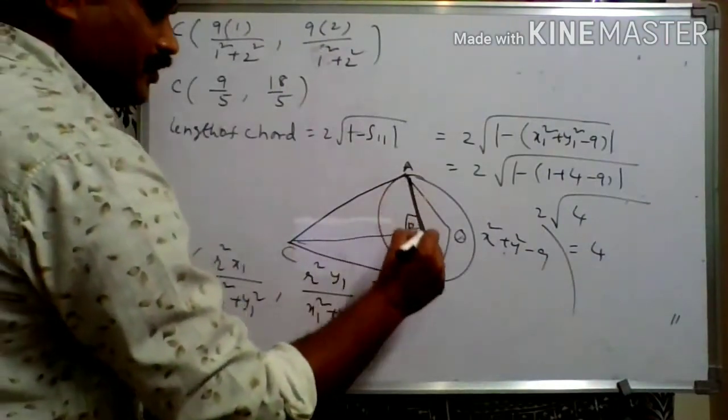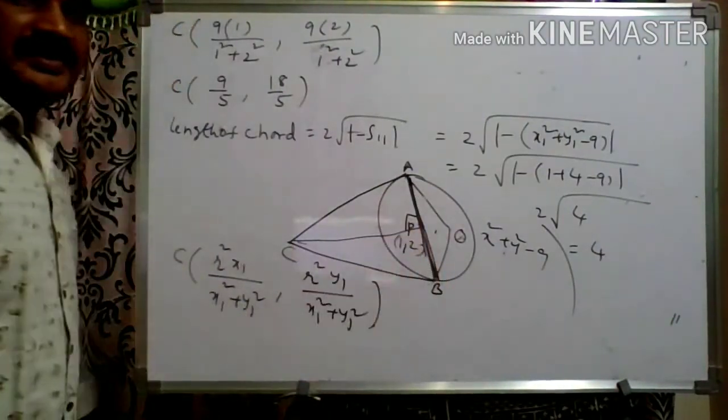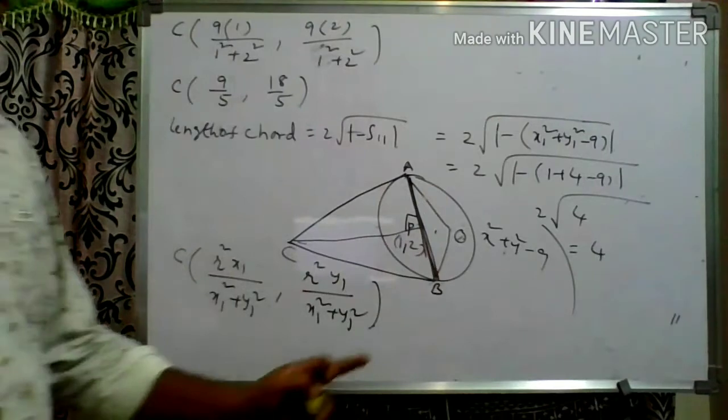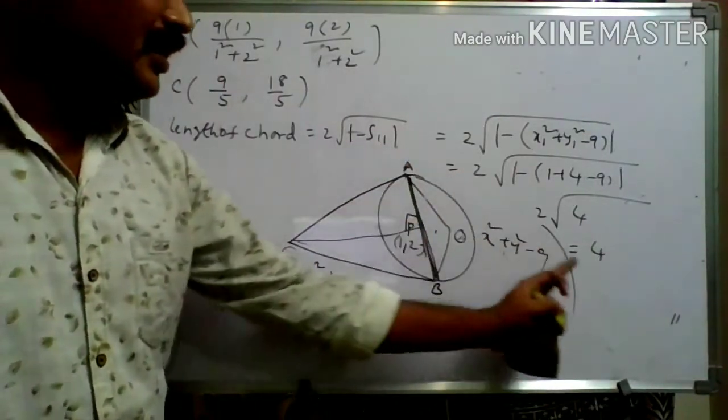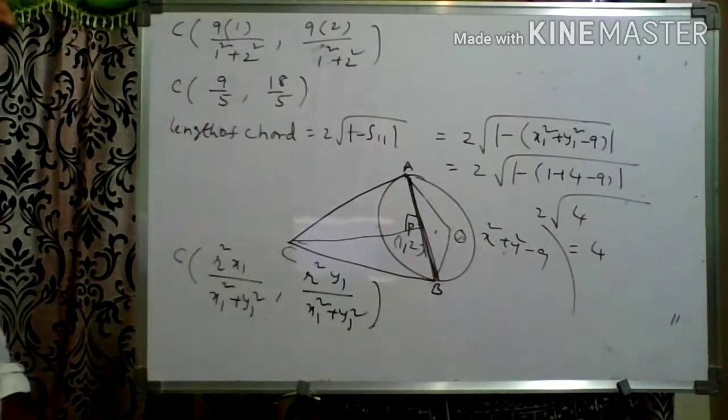Students, the base is 4. Here the base is the length of the chord, 2 root minus S11, that is equal to 4.